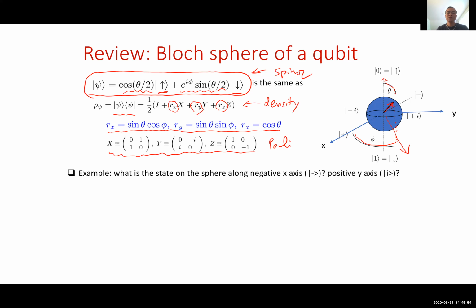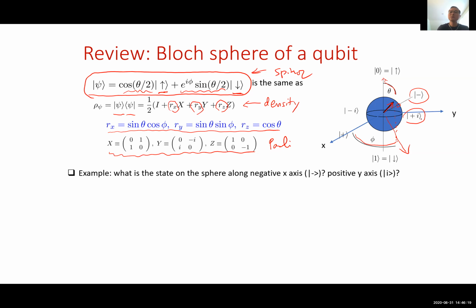Okay, so I'm going to use an example to review. So we can ask the question, what is the state on the sphere along the negative x-axis? This state is labeled by minus. And what about the state along the positive y-axis? This state is labeled by plus i. You will see why.